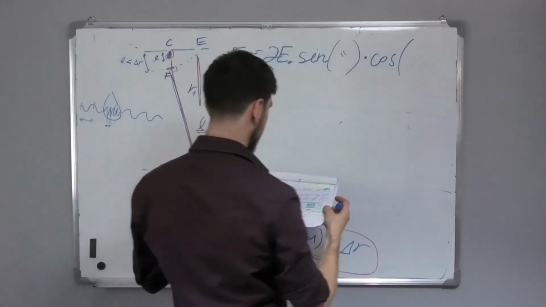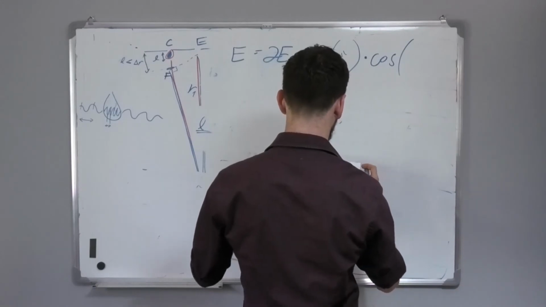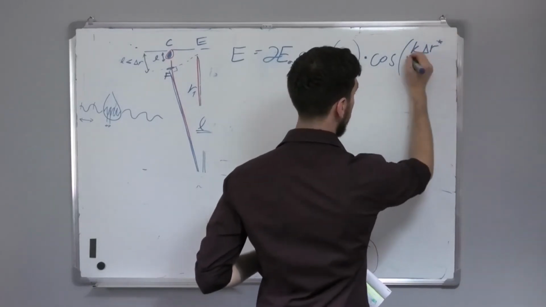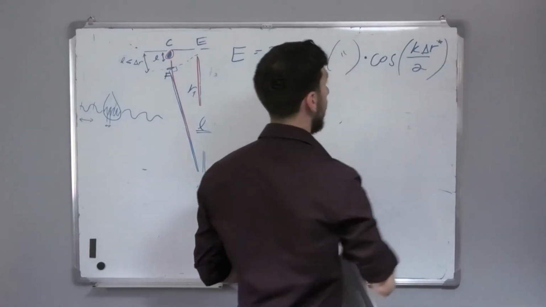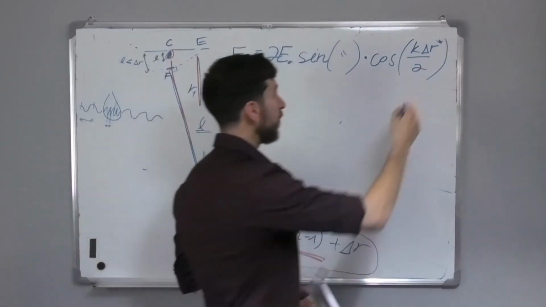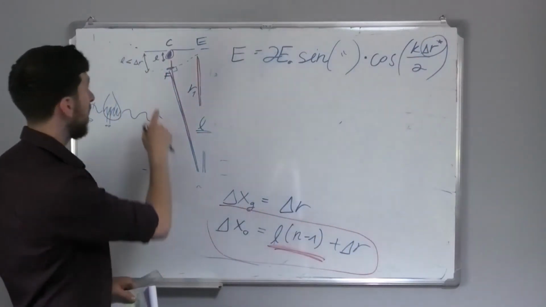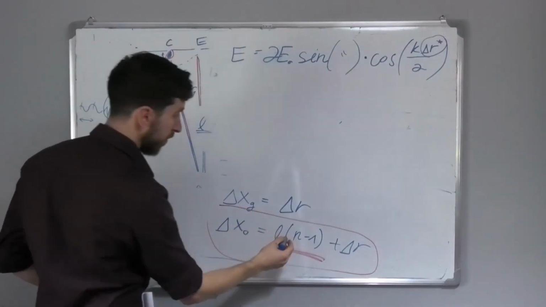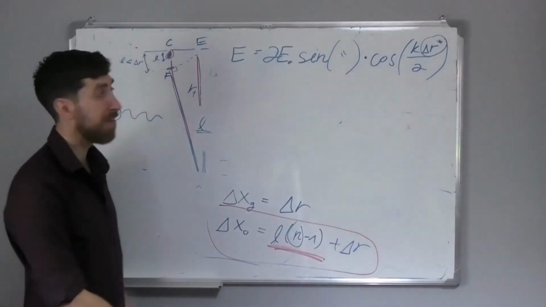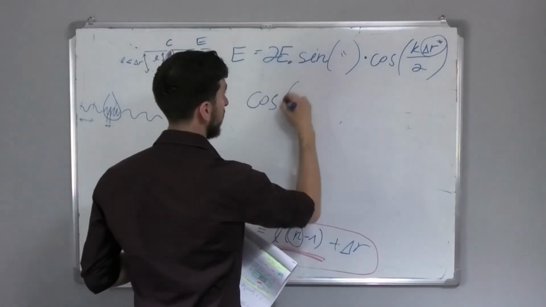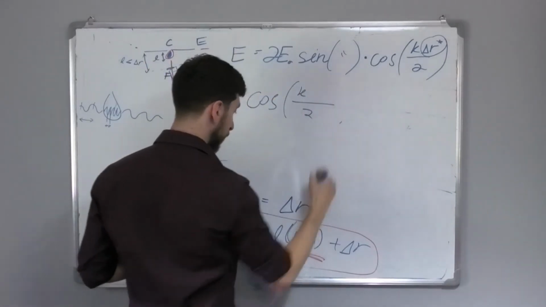Cosines of K delta R star, that's what we had before. But right now, the real delta R that we have is not the geometry path, because we have contribution of something that was not in vacuum. So this one should be fixed to what? To cosines K to this term.